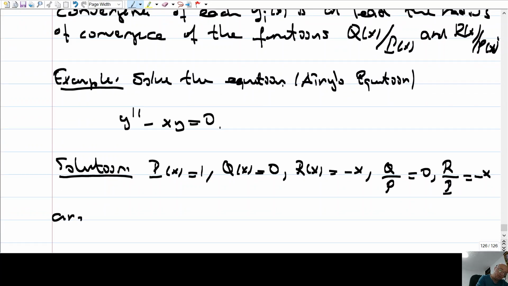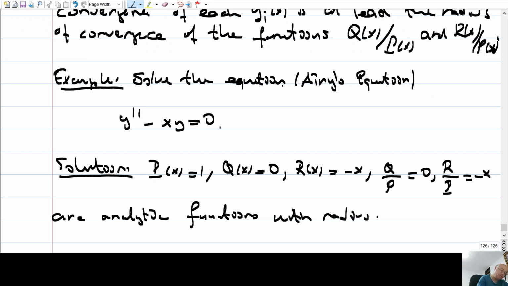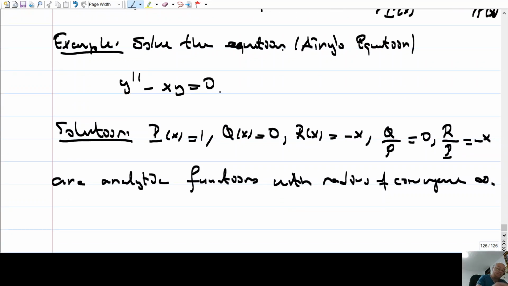These are analytic functions everywhere with radius of convergence at any point infinite. So the theorem guarantees that there exists a power series solution, general solution, and the y1 and y2, the two linearly independent solutions, are also analytic functions with the radius of convergence infinite.